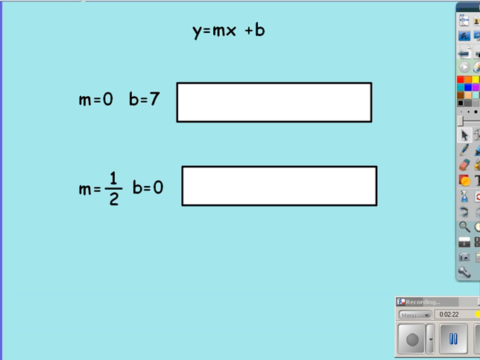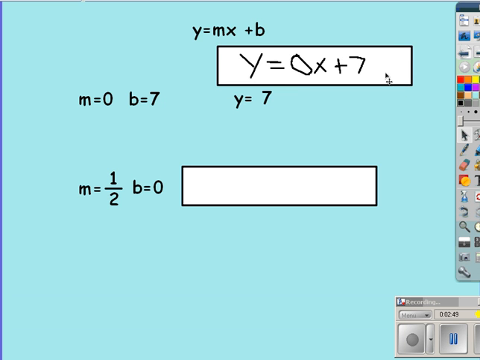If you see something like this, again, y equals mx plus b. If m is 0 and b is 7, we're going to write this as y equals 0x plus 7. But really, when we say 0x, what we're really saying is that there aren't any x's.